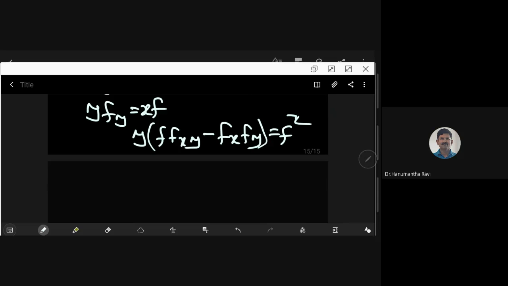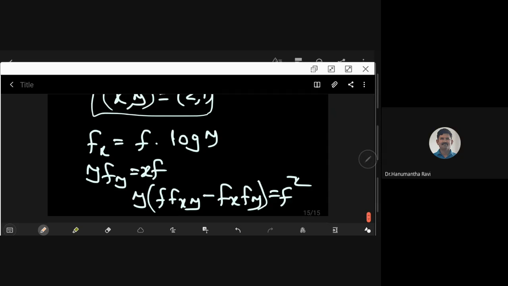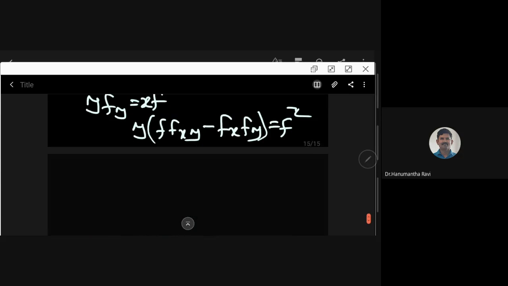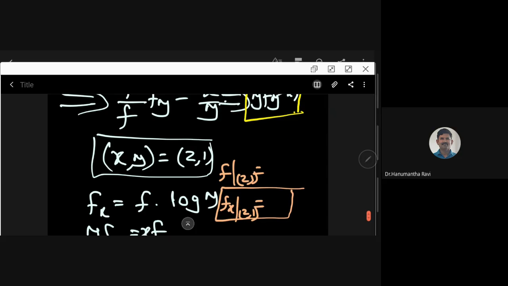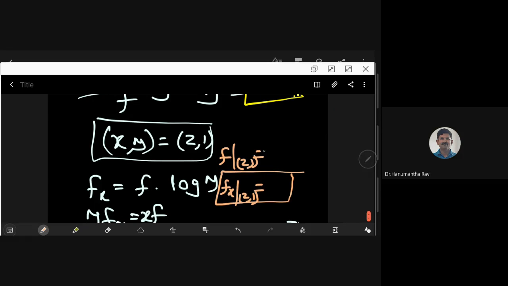Now see, at (x, y) equal to (2, 1), from this one, what can we get? f_x at (2, 1) is equal to, first, what is the f value? f at (2, 1): f is y power x, so 1 power 2, which is 1.